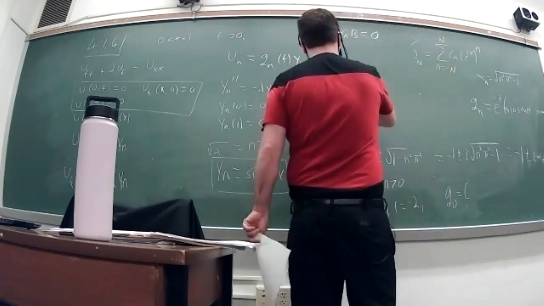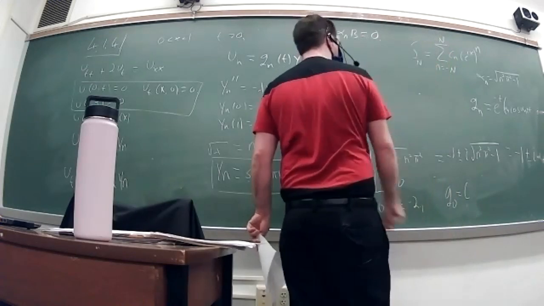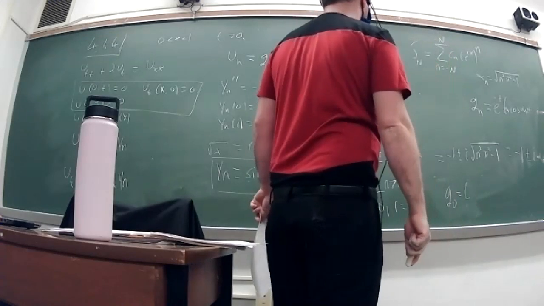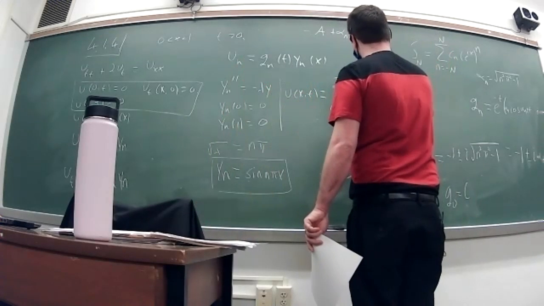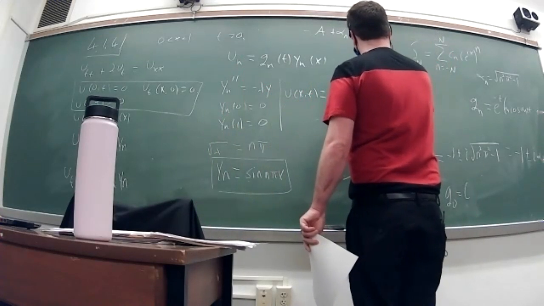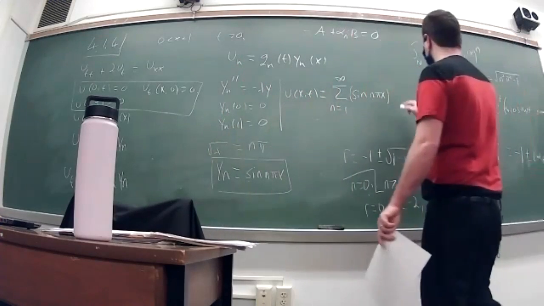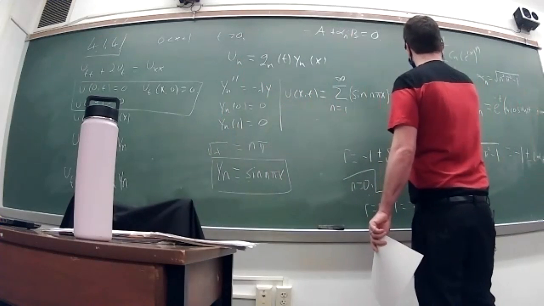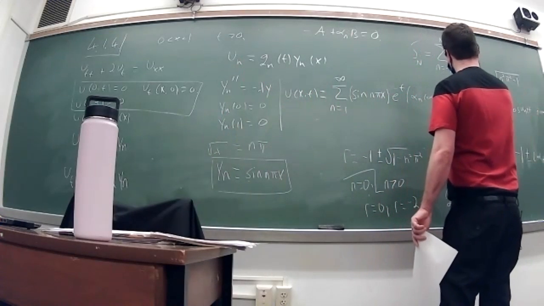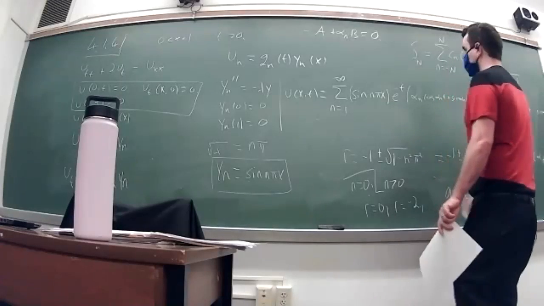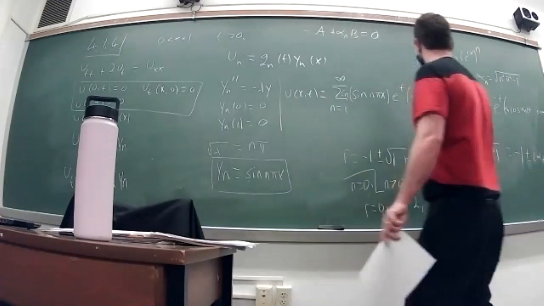I'll add on the 0 term second. n goes from 1 to infinity of sine n pi x times this G sub n times a constant, call it C sub n.